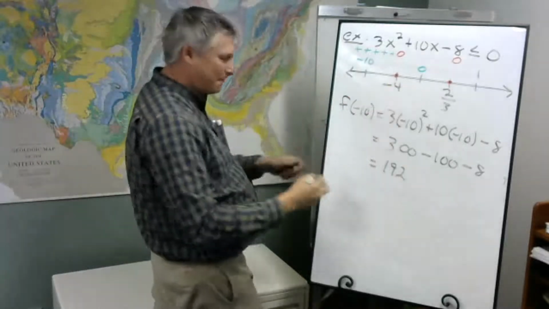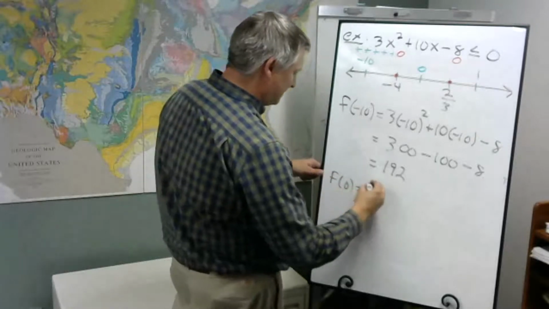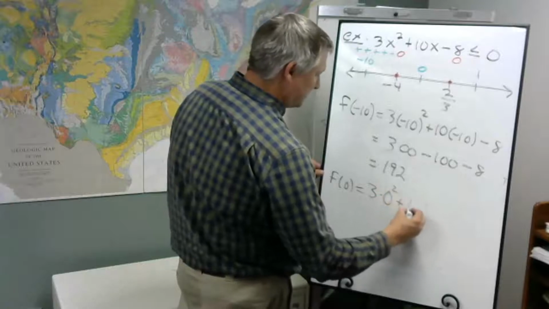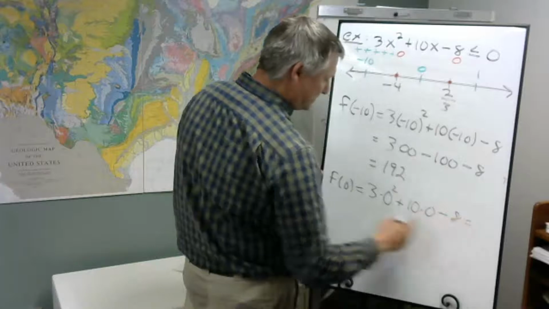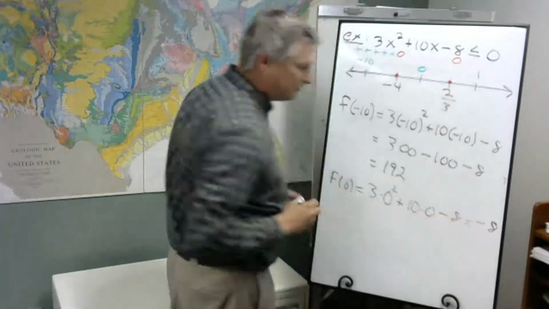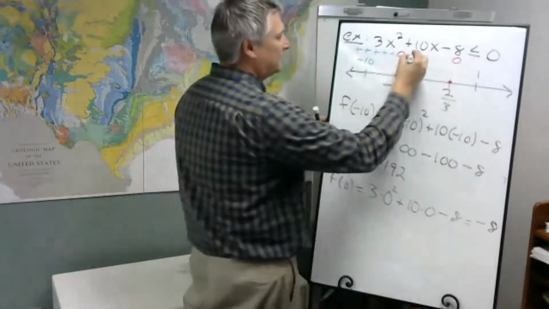Now let's test 0. F of 0 is 3 times 0 squared plus 10 times 0 minus 8, and that's just going to be 0, 0. Subtract 8, you get minus 8. So this is all negative.